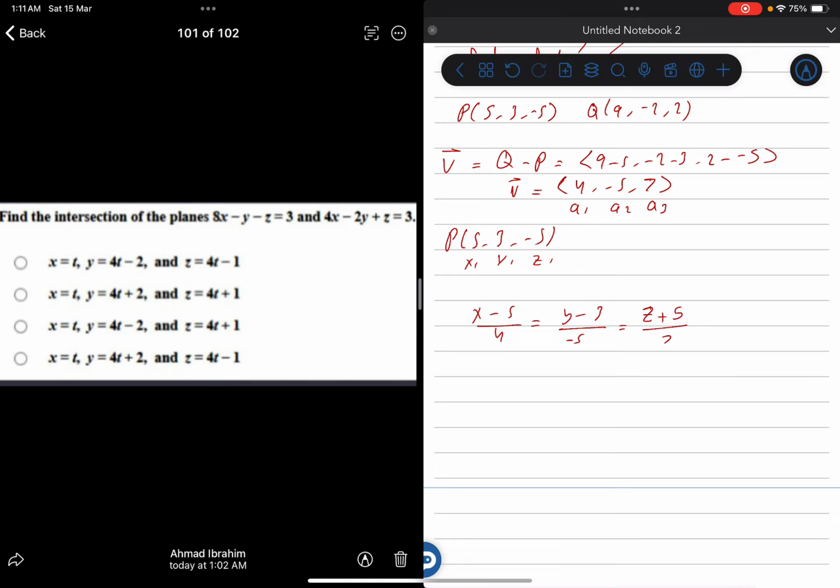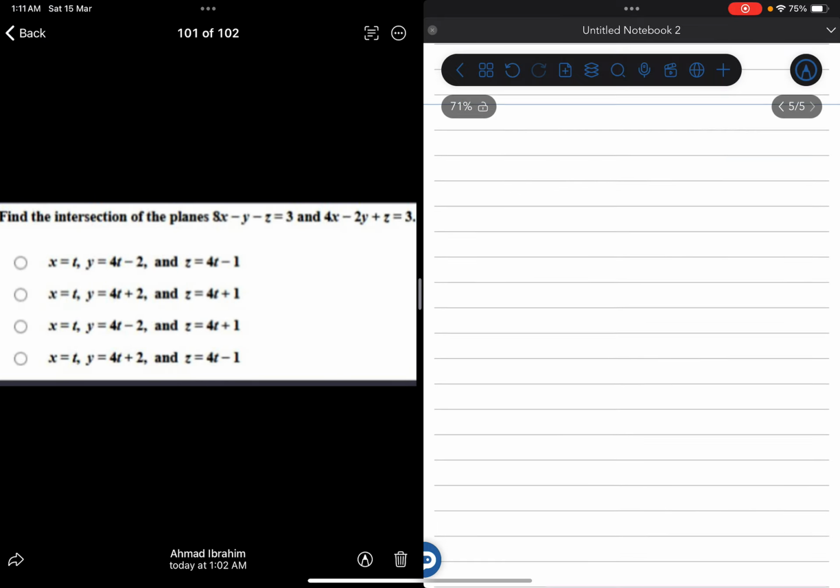Next one, find the intersection of the planes 8x minus y minus z equal 3 and 4x minus 2y plus z equal 3. So in this one, we have 8x minus y minus z equal 3, and we have 4x minus 2y plus z equal 3.